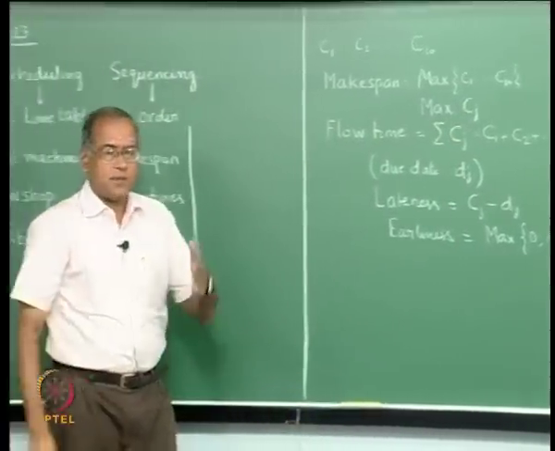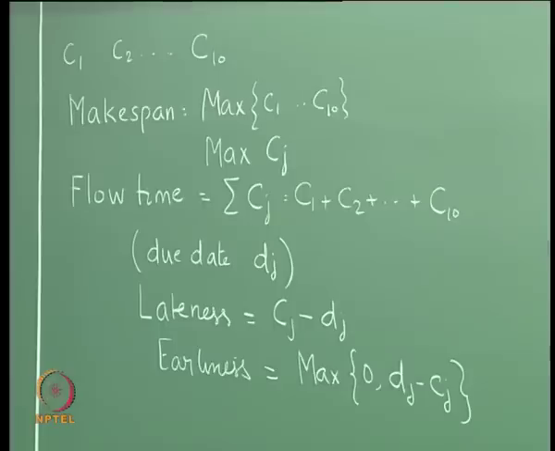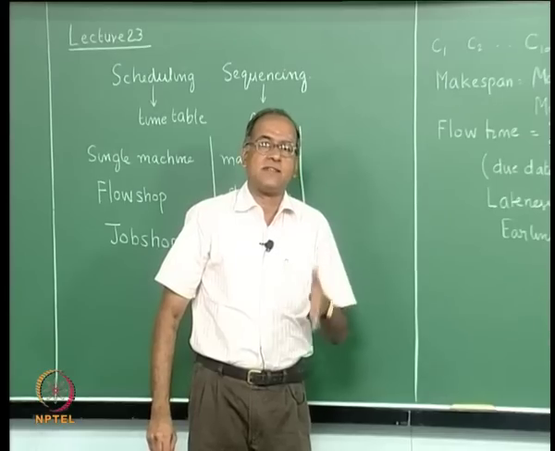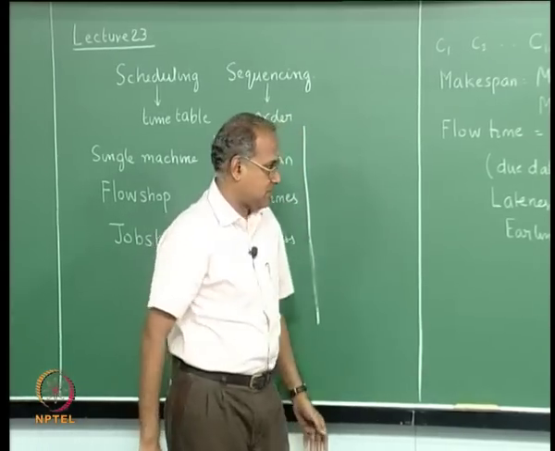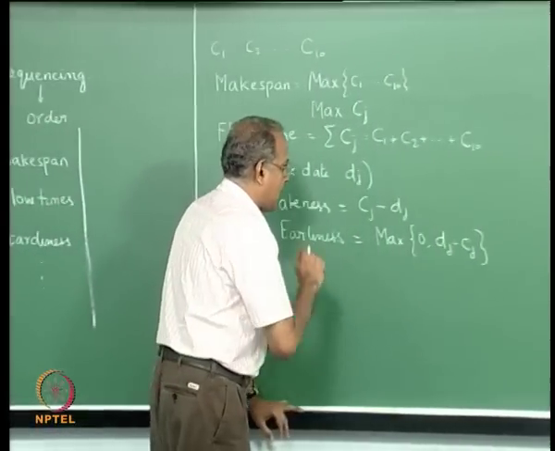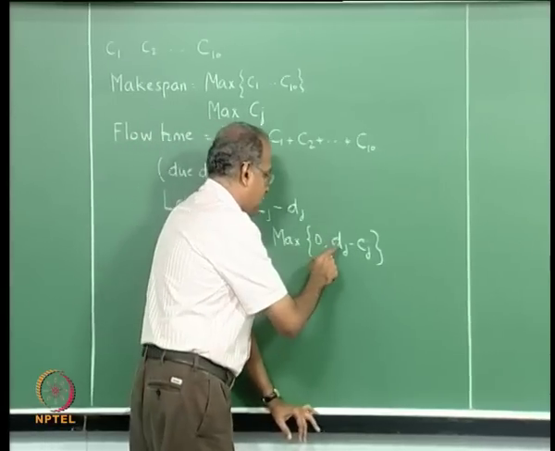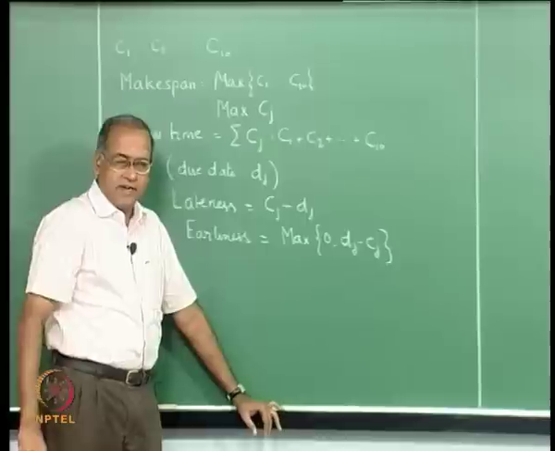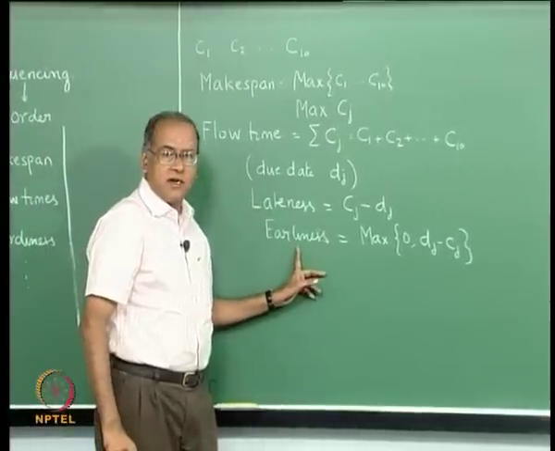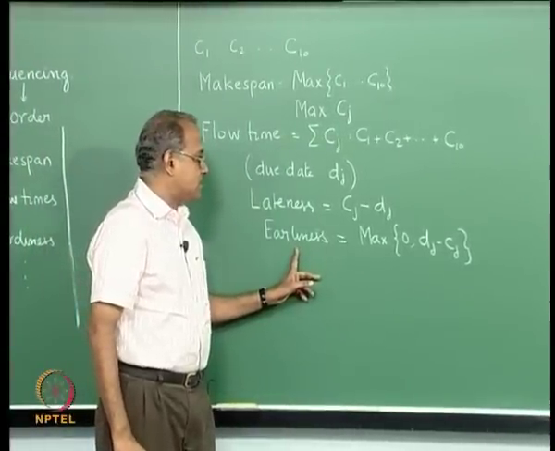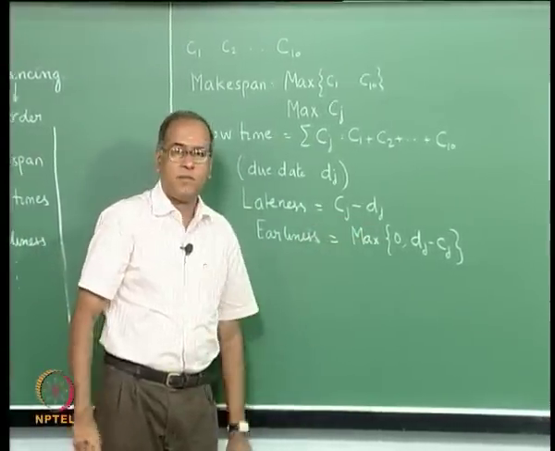If the job is completed before the due date, then Dj minus Cj is positive, and that represents the extent of earliness. If the job is completed after the due date, then Dj minus Cj will be negative, and this one is not early, so the earliness will be 0.